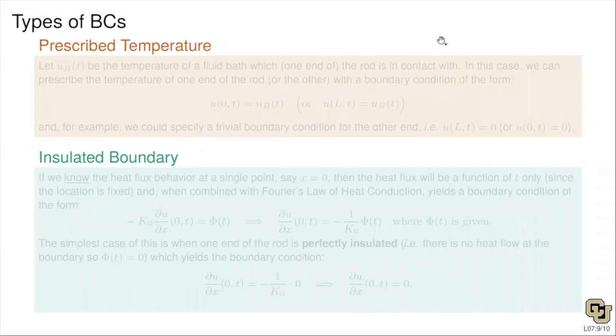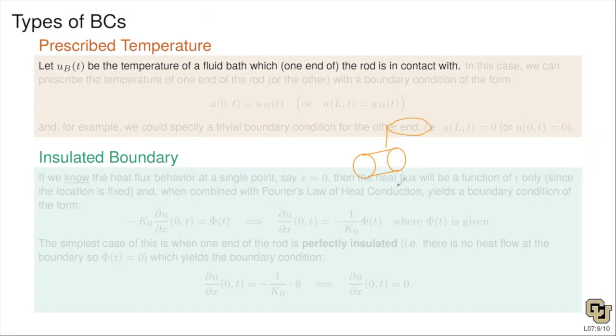So for prescribed temperature, this is sort of the simplest type of boundary condition. So we have a rod. Let me draw the picture here. So here we have a rod, and one end of the rod is in contact with a big metal thing with liquid in it.